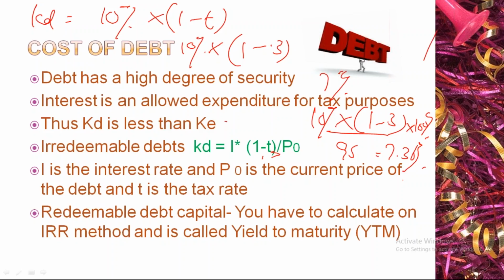That is where you have a market price for the debt. Bank loans, no market price, so cost of debt is simply interest times (1 minus T). But wherever there is a market price, divide by the market price and multiply by 100, and you will get the cost of debt. So I is the interest rate, P naught is the current price of the debt, and T is the tax rate.